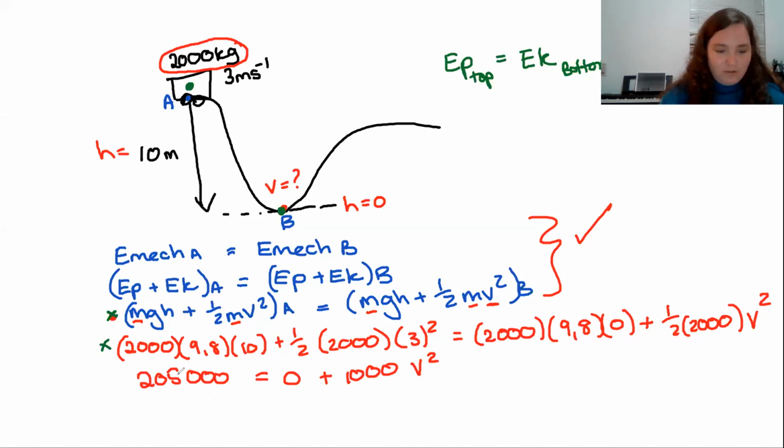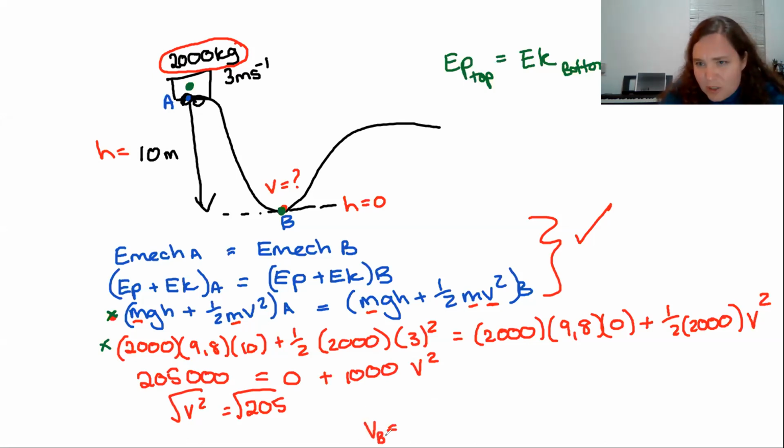So 205,000 divided by 1,000 gives me that V squared is equal to 205. I square root both sides, and I get that the velocity at B, you can write a subscript, you don't have to, it just makes it easier to know what you're doing. Is there someone telling me I've got it wrong?